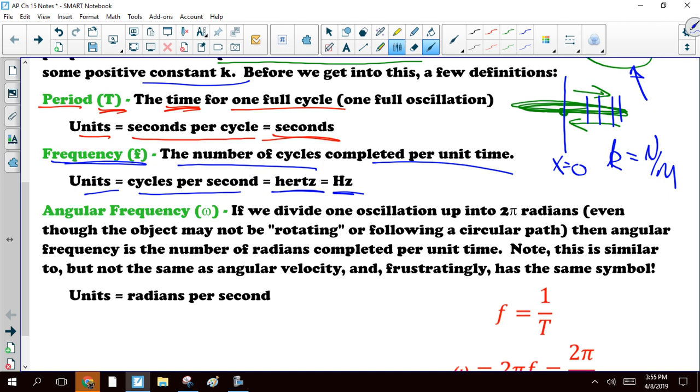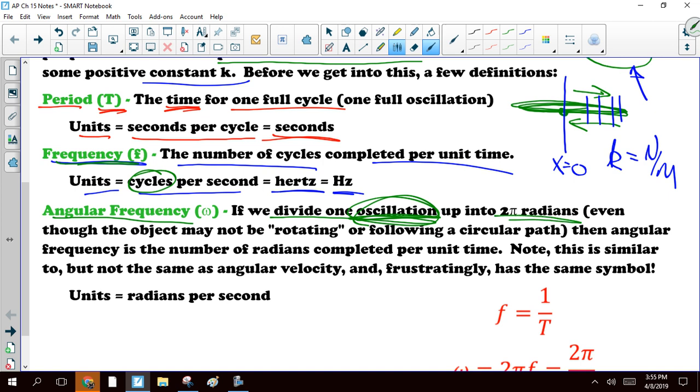Finally, this last thing is a little bit weird, and I think it'll make a little bit more sense once you see how the functions are written. Angular frequency is the same as regular frequency, except instead of measuring it in cycles per second, we're going to measure it in radians per second. We divide each cycle up into 2 pi radians.